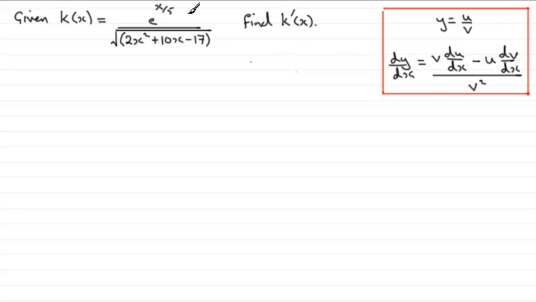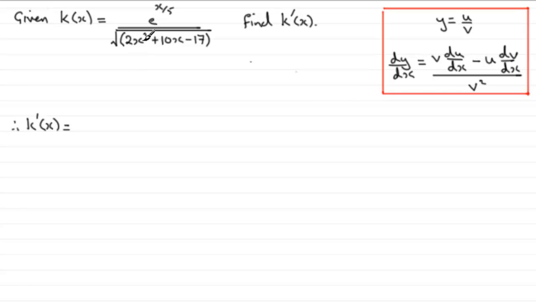Okay, well, in the example that we've got here, u, the top of the fraction, is e to the power x over 5, and v is the square root of 2x squared plus 10x minus 17. So if we're to start to find k dash of x, let's write it down here. k dash of x is going to equal the bottom of the fraction multiplied by the differential of the top of the fraction.